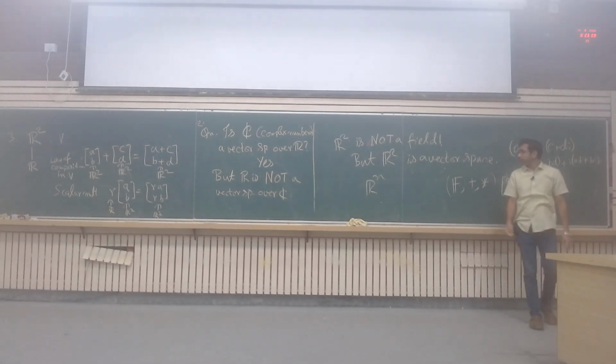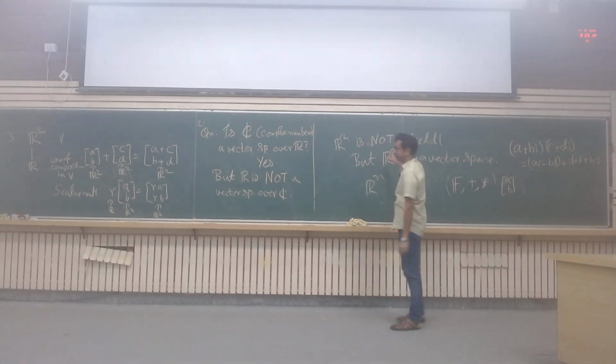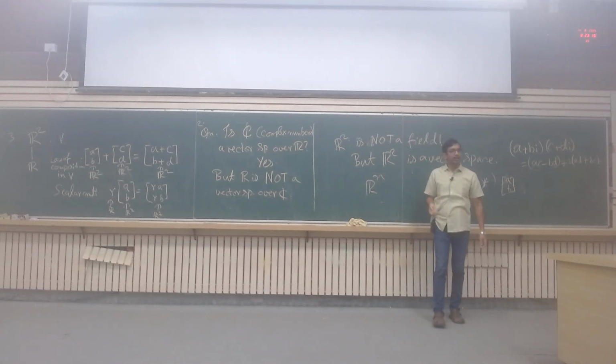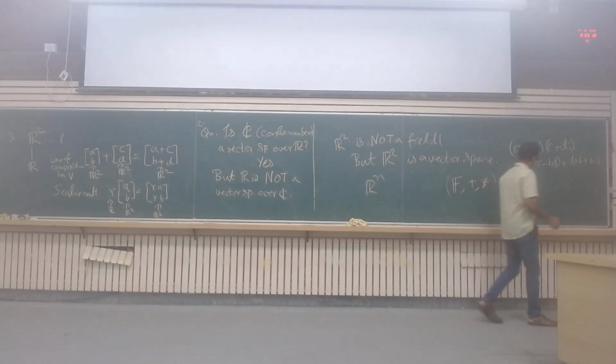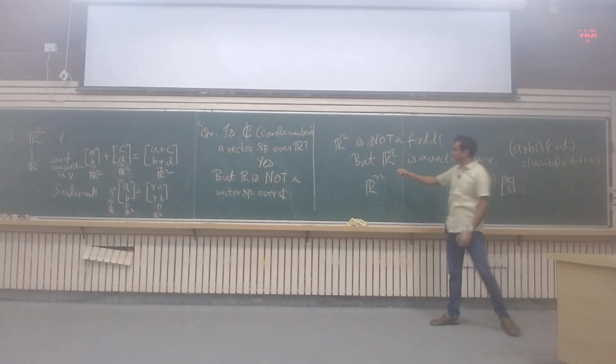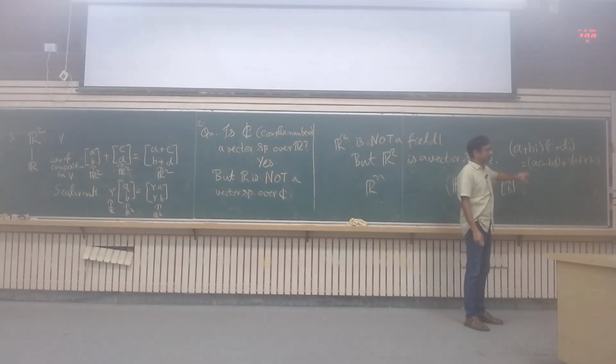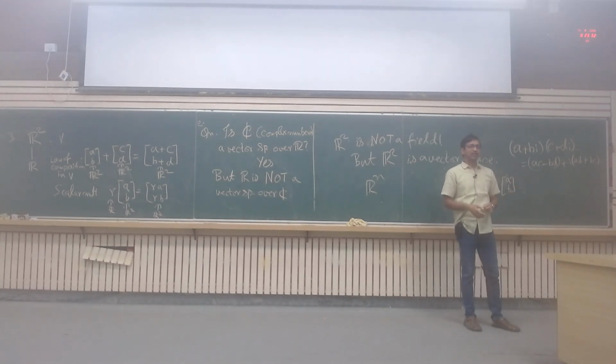Okay. But in general, in R2 or in Rn, we do not do this kind of thing, that is, multiplying two elements in Rn and getting some element in Rn. We will multiply them differently. You have seen the dot product, I guess, right? Yes, exactly.